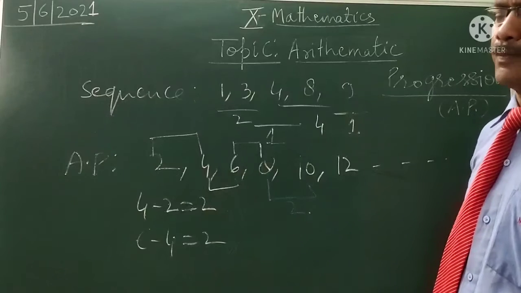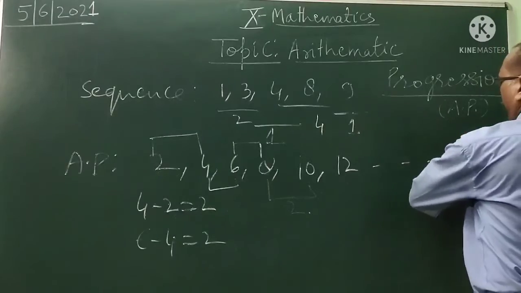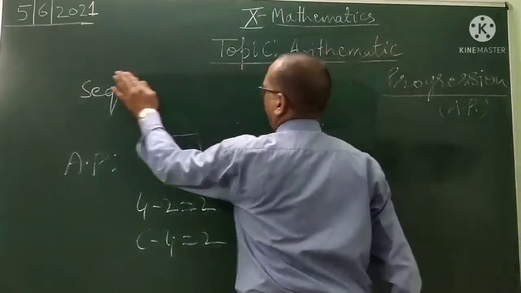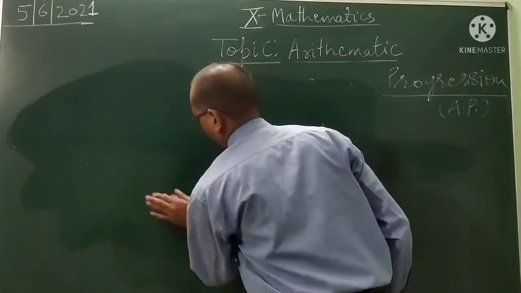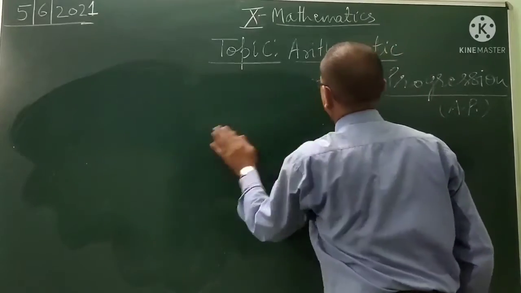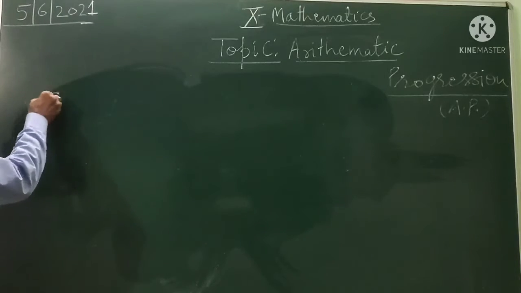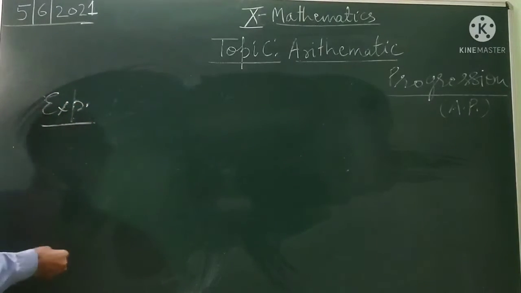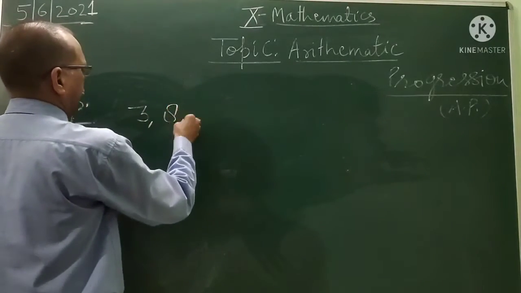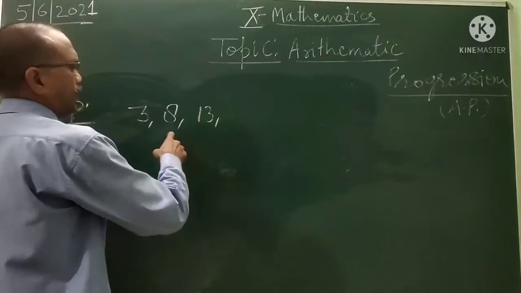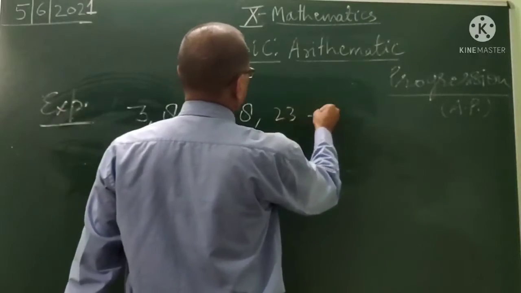Let me write one more AP. There is one more example. If we write 3, then 8, then 13, then 18, then 23 and so on.